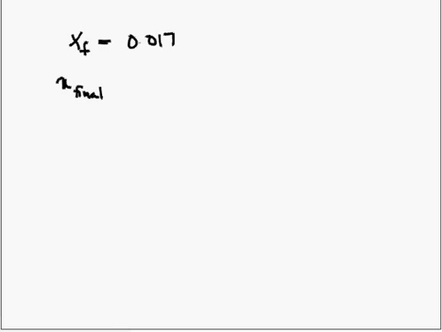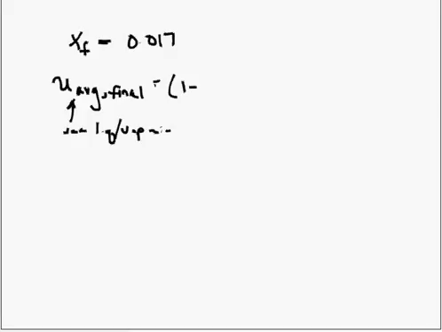I'm mixing subscripts a little bit, but the subscripts I'm using, these are the average, meaning the average value for a saturated liquid vapor mix. And this little F just means final, so I'm referring to the final state. So now I'm going to plug in 1 minus my quality, 0.017, times the specific internal energy for the liquid that we just found and wrote on the previous slide.